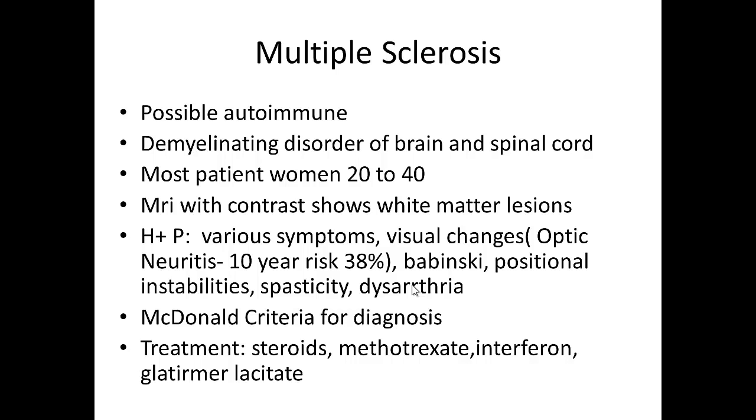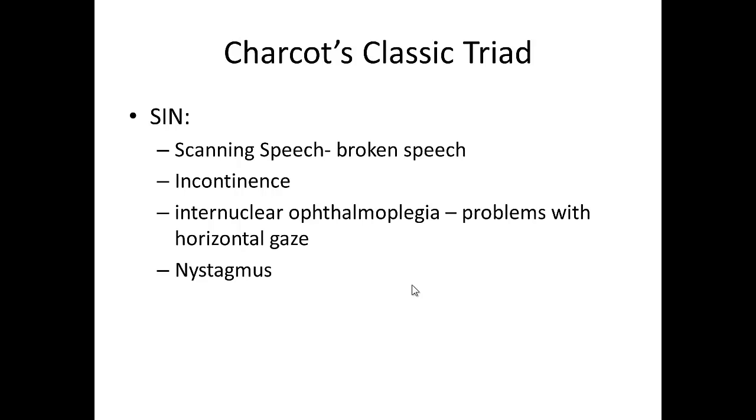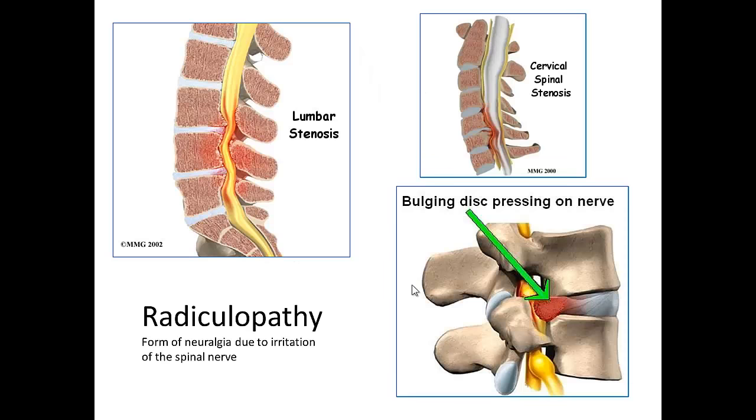Often they will present with some visual changes, such as optic neuritis, where they'll say they have some blurred vision, they just can't focus, and then the exam will reveal these other findings. There is the classic triad: scanning speech or broken speech, incontinence, and problems with horizontal gaze and nystagmus. You can see many of these findings with multiple sclerosis.